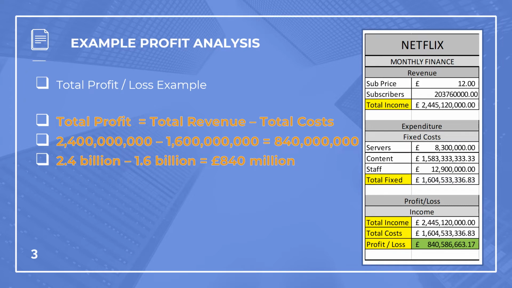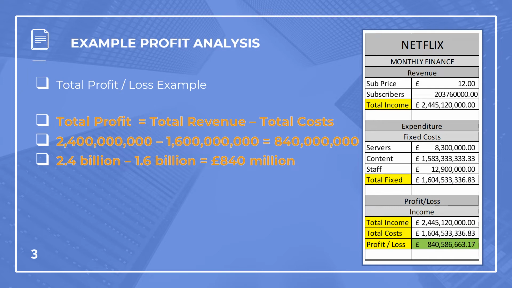Then what we do is we look at our costs. So for Netflix, they pay 8.3 million in service charges to Amazon. They spend over 1.5 billion on content, which is making TV shows and movies, and they pay their staff 12.9 million.